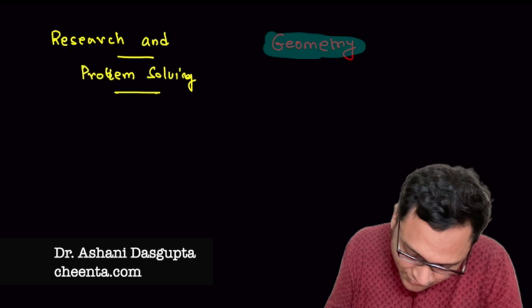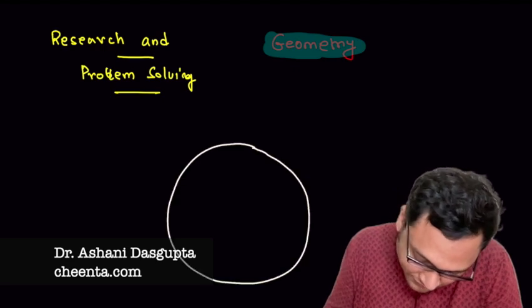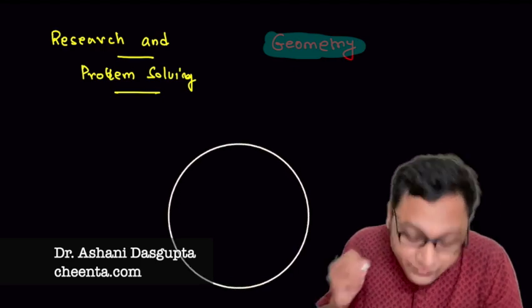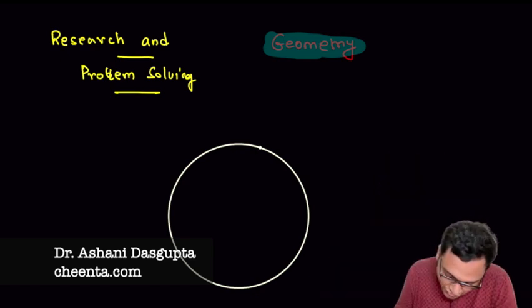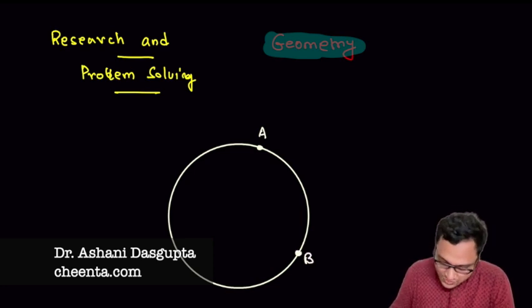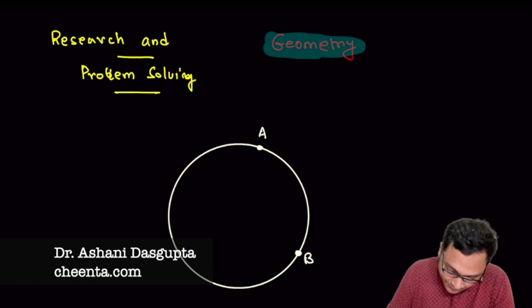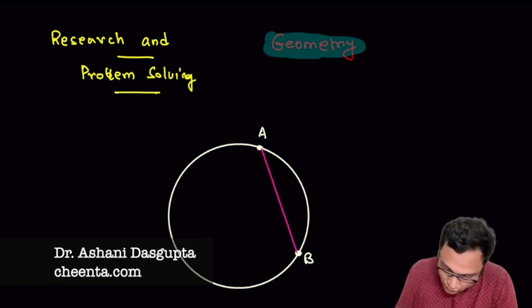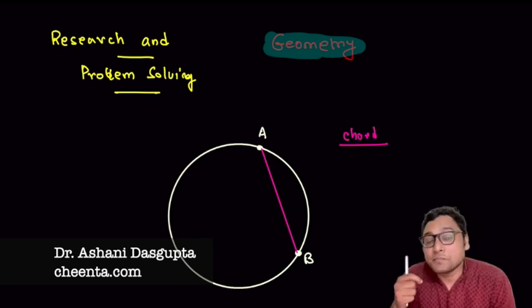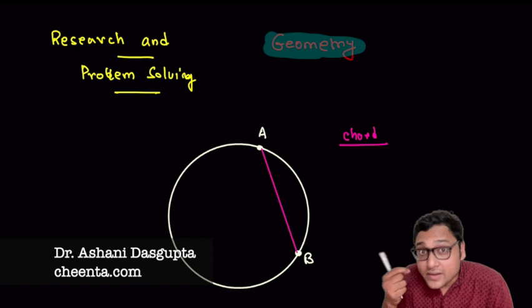Let's suppose you have a circle, and you have 2 points A and B on the circle. You can join them to create something called the chord. So this is known as a chord, a line segment joining 2 points on the circle.